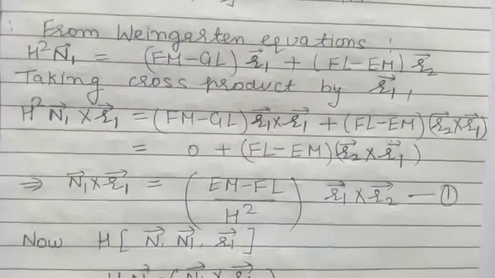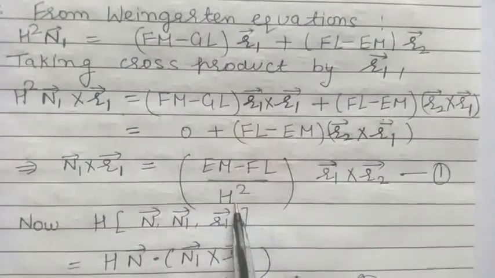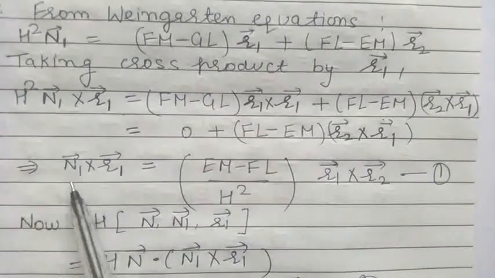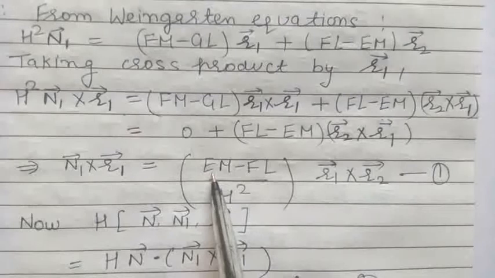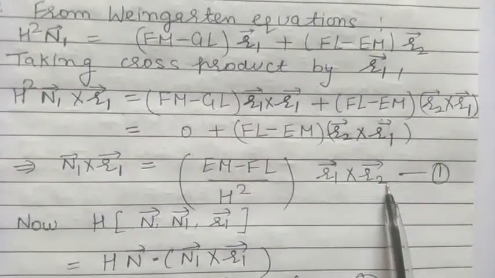Now from the left hand side we can take h square to the right hand side, so we get the value of n1 cross r1, which is em minus fl divided by h square into r1 cross r2.